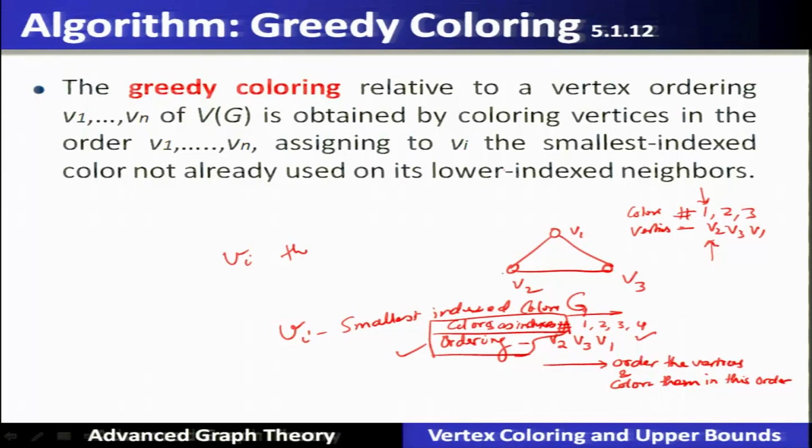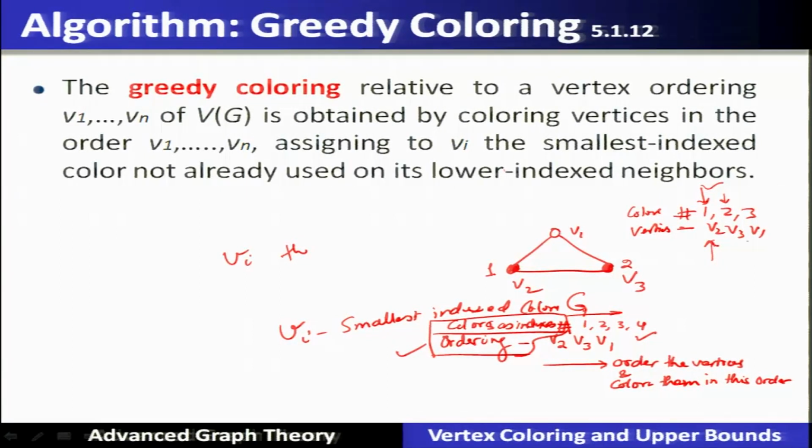So, let us color this particular vertex with the color number 1. Now comes V3. V3 is a neighbor of V2 who has already used the smallest index color 1. So, the next smallest index color which is not used by the neighbor is color number 2. So, V3 will be colored with color number 2.